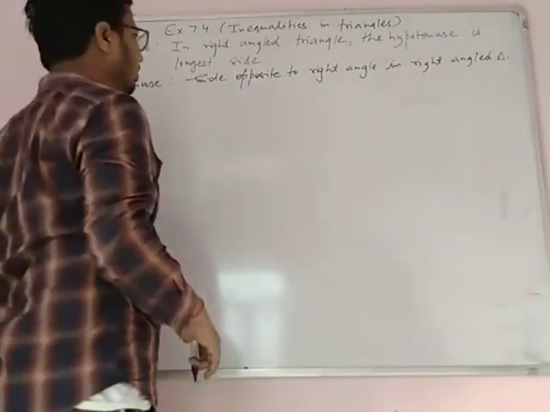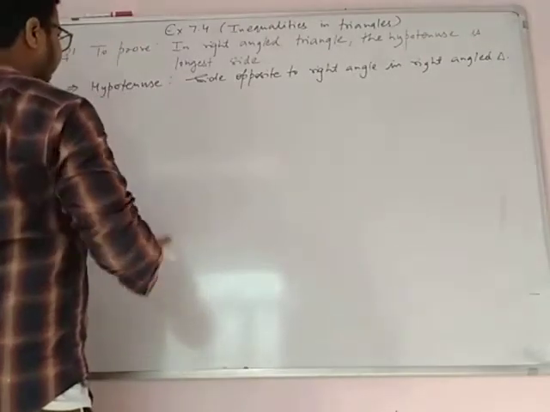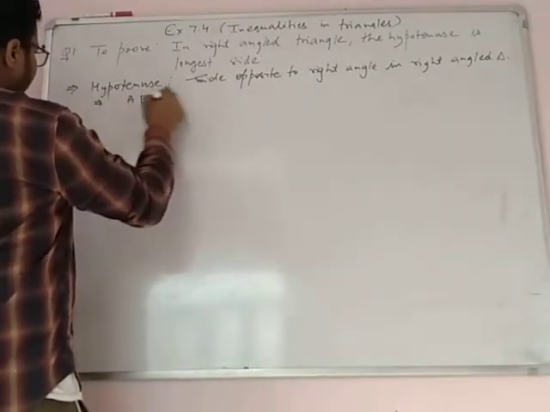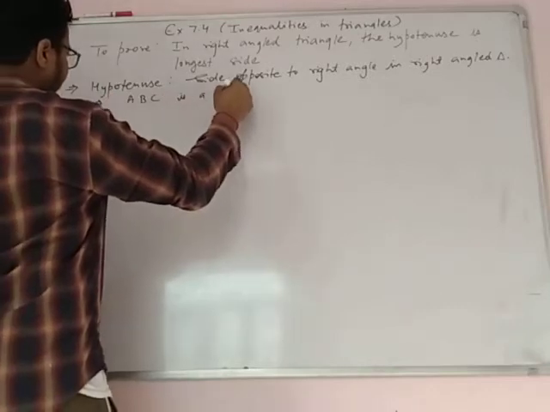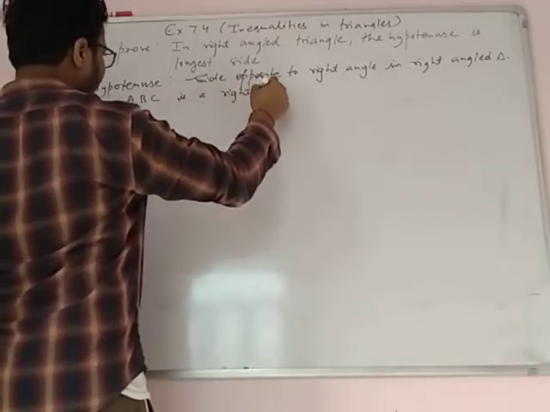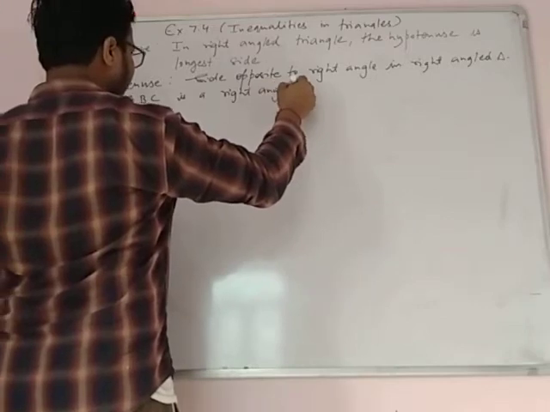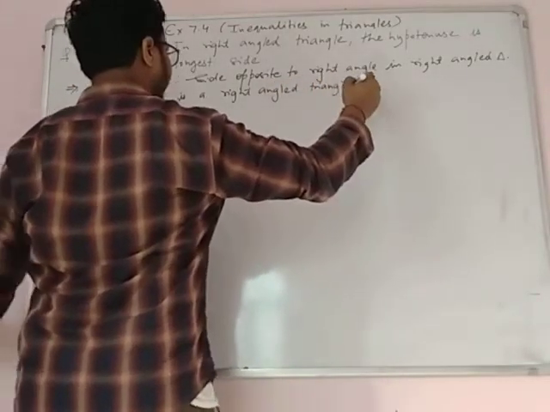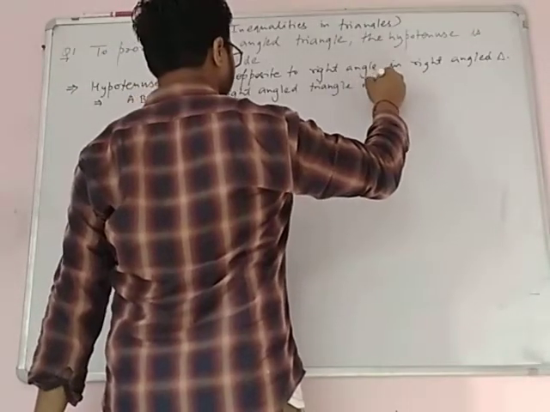Now see that here ABC is a right angle triangle.